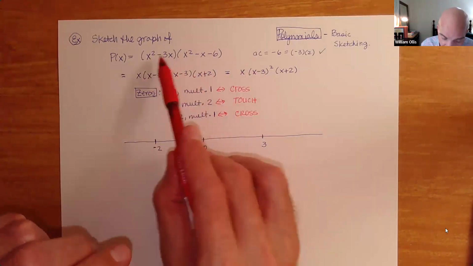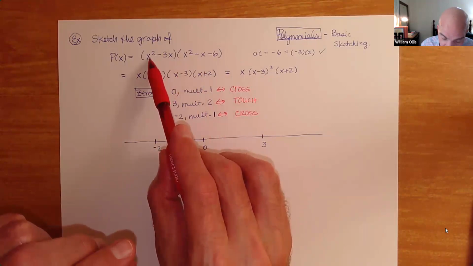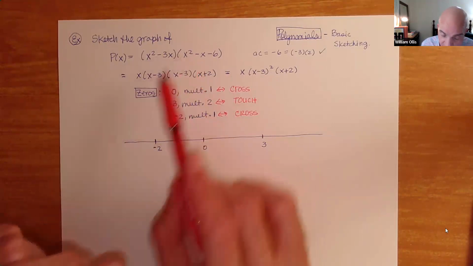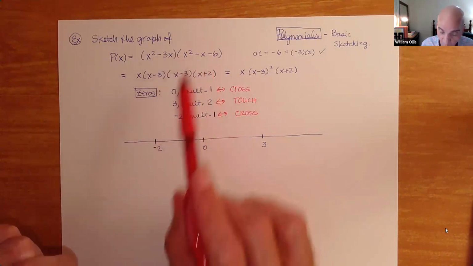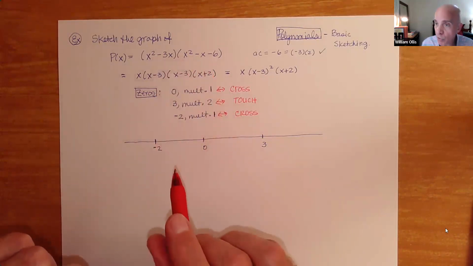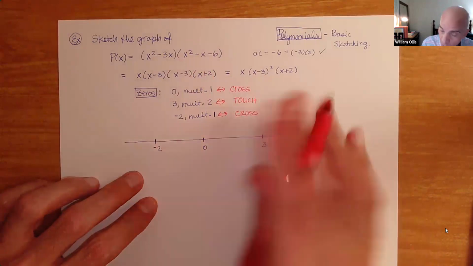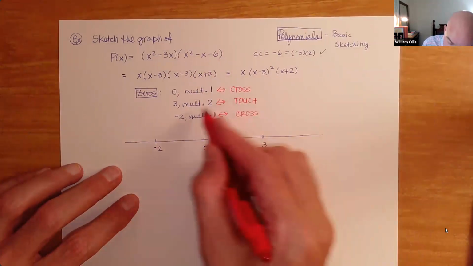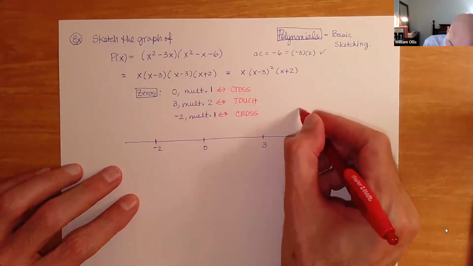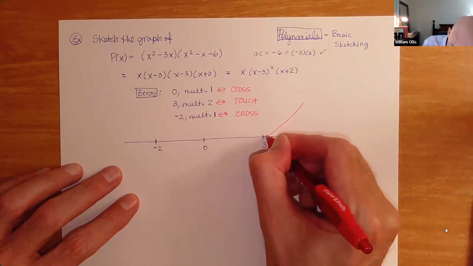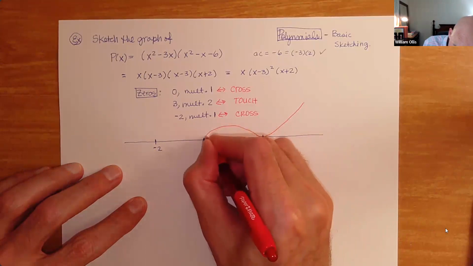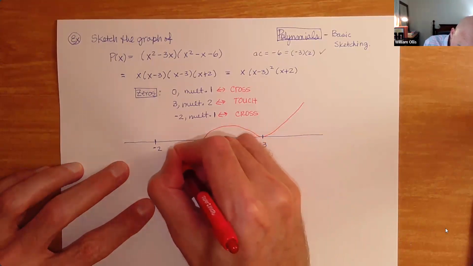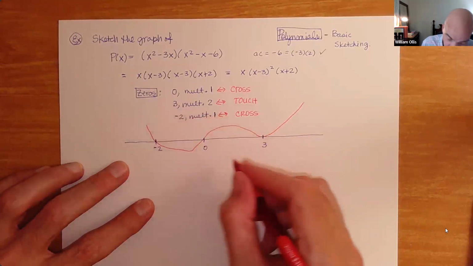When we look at that, we see the dominating terms here, x squared, x squared. This is going to give us a positive output because the other terms will be small relative to the squared terms. So we're positive greater than 3. But notice at 3, we touch, so we're still positive. As we approach 0, we must cross. And then, of course, we must cross at -2.